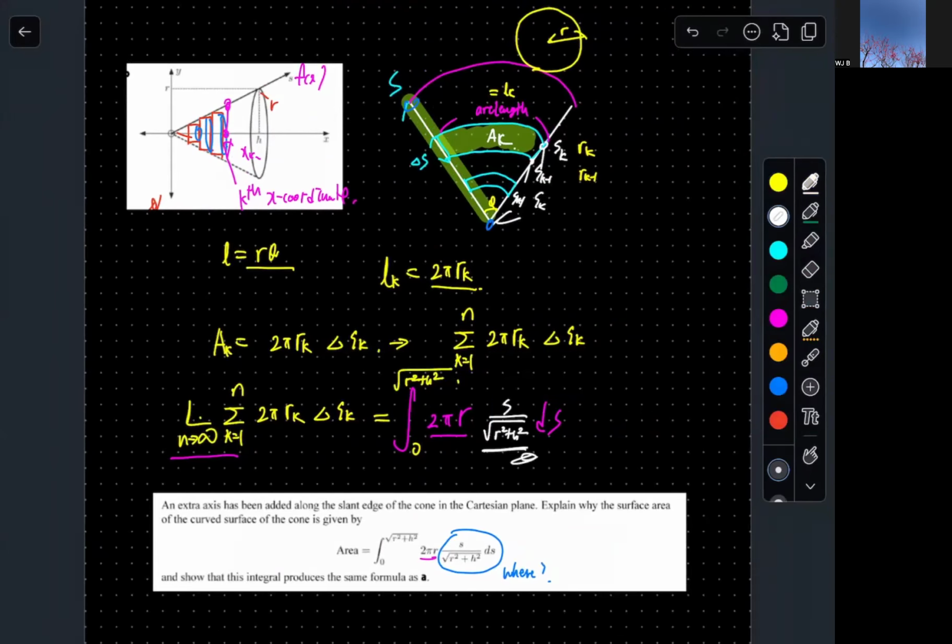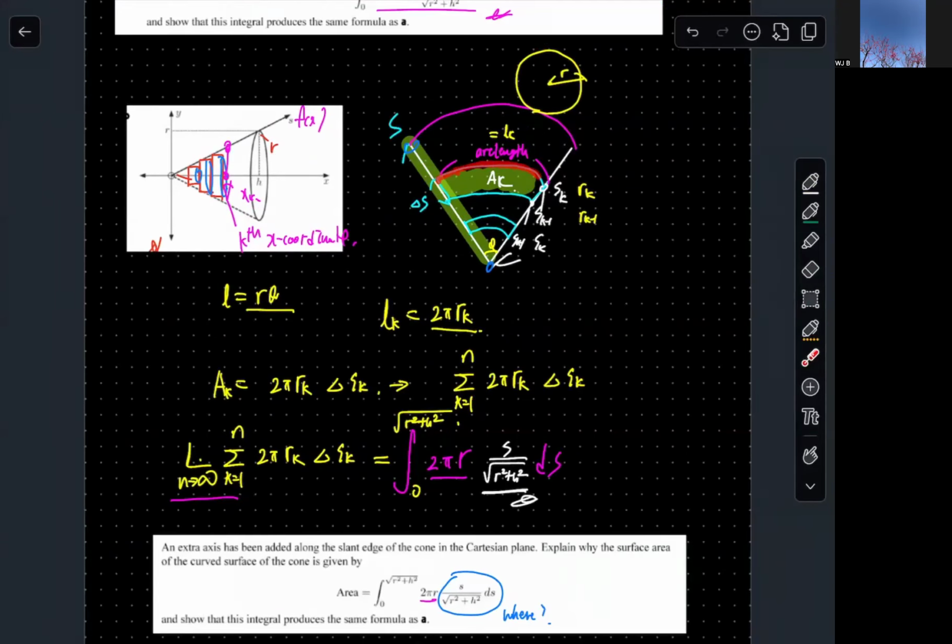Where did that go? This arc length is r times theta, which is sk times theta, right? And that's the radius, that's the angle. But that is the same as who? That is the same as the circumference, 2 pi rk.